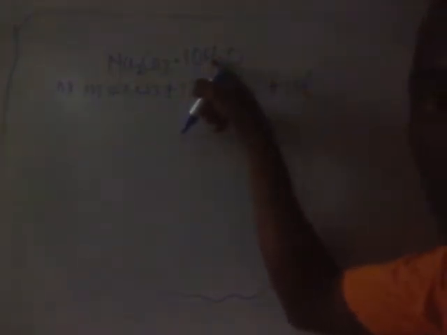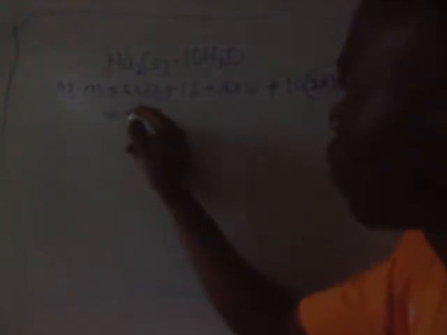That's 10 in bracket, 2 atoms of hydrogen, 2 times 1, plus the atomic mass of oxygen, 16, then close bracket. So we have 46 plus 12 plus 16 times 3, 48, then plus 10 in bracket 2 times 1 plus 16.